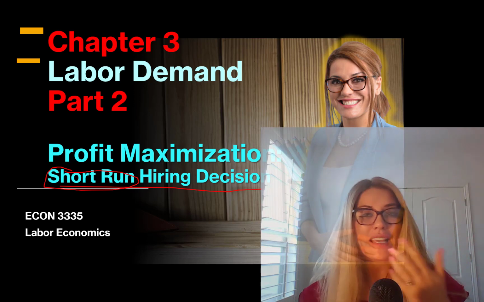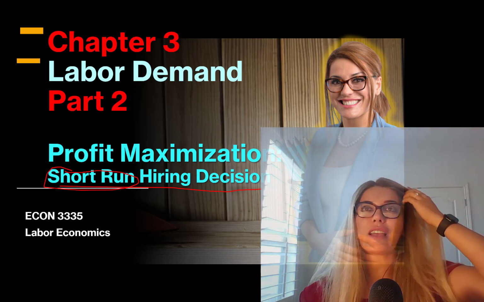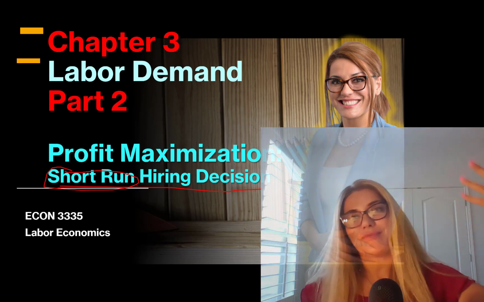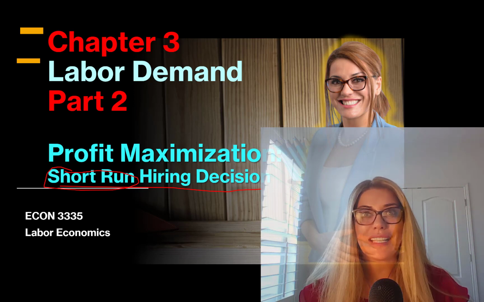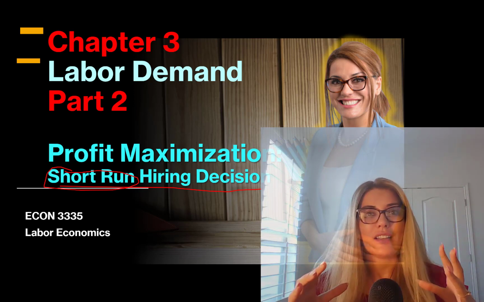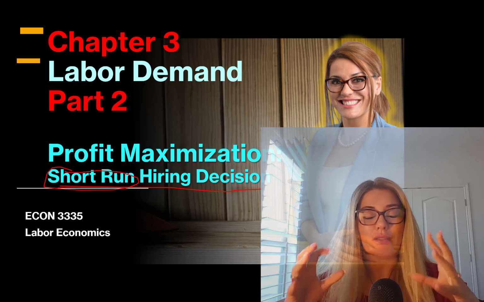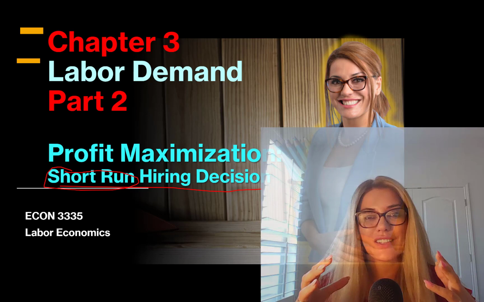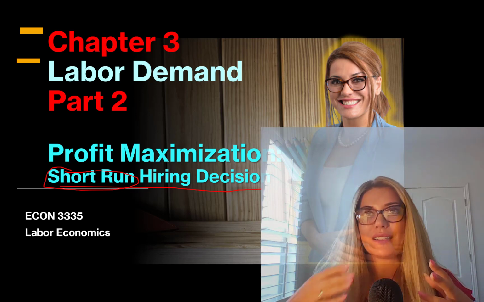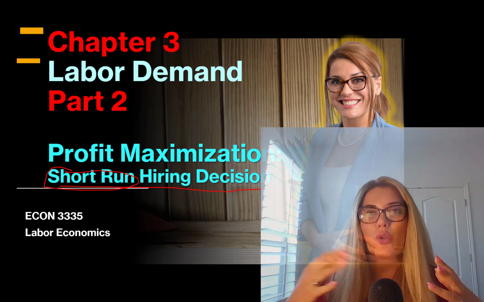Okay, so an example of a short run for a bakery, we talked about the bakery example in previous part 1, could be an oven, because an example of a short run is when the bakery cannot change the oven, right? It's the capital. It takes time. Let's say you have a bakery, you ordered a new oven.